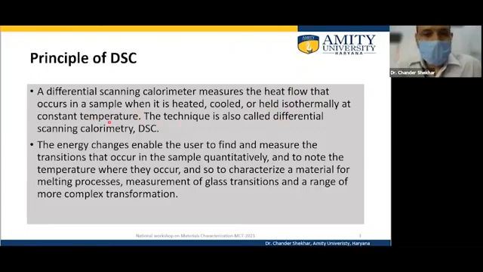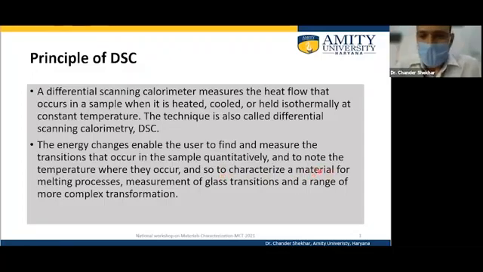So this is the calorimeter, and the technique is known as differential scanning calorimetry. By this energy change, we can find various kinds of transitions that are occurring in the sample, quantitatively as well as qualitatively.